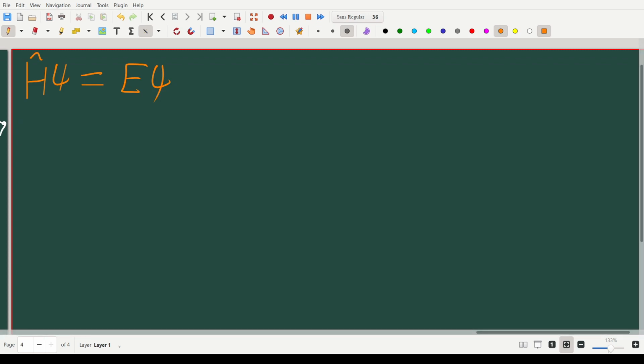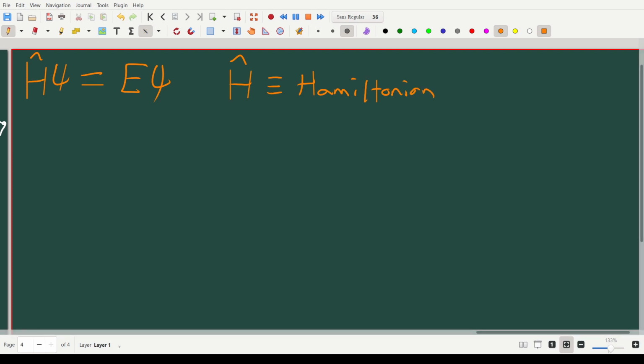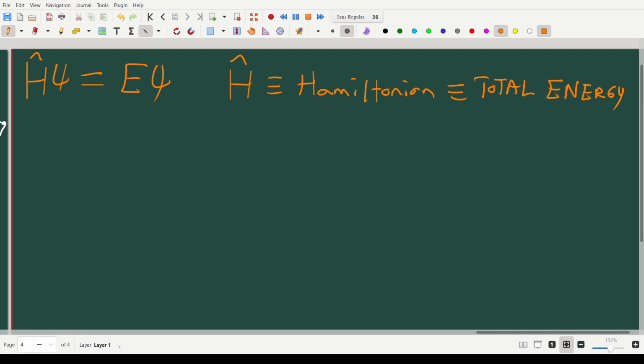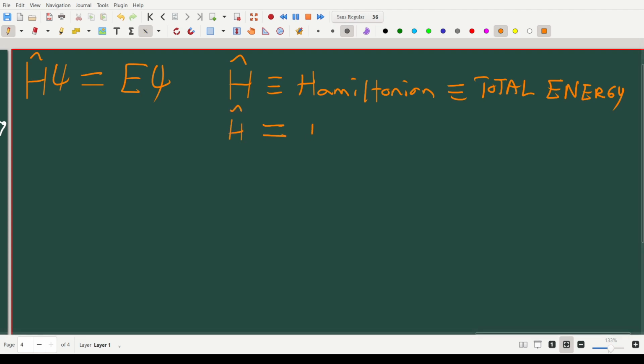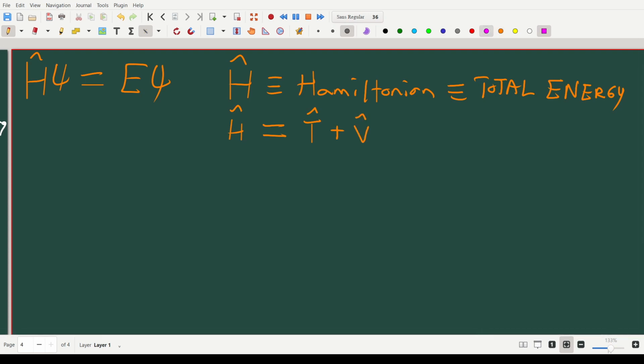Well, as I said last class, H is called the Hamiltonian. That's our friendly name for it. And it's the total energy of the system. And our total energy is the sum of kinetic plus potential. So H is equal to the kinetic energy operator, T, plus the potential energy operator. This is kinetic and potential energy.